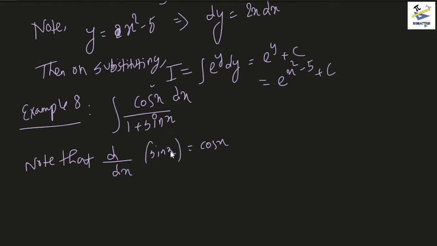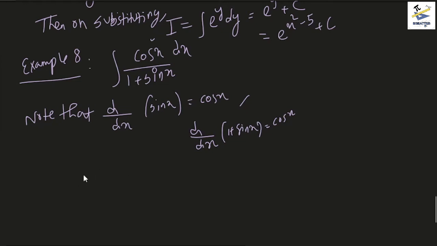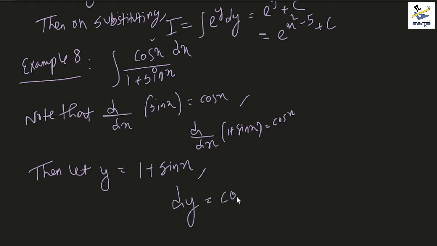So if the derivative of sin x is cos x, then the derivative of 1 plus sin x should also be cos x, right? So rather than going for the substitution y equals sin x, we can directly go for the substitution 1 plus sin x, then let y equal 1 plus sin x, and from that we get dy is equal to cosine of x dx.